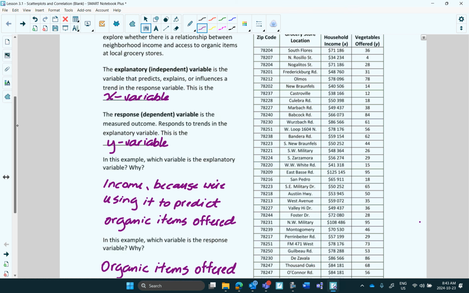They offer 36 organic items. And yet the next one is a lower income area, only 34,000, and they offer a lower number of organic items. So perhaps we can see a trend already. But obviously, it's really hard to see a trend by looking at a whole list of numbers. So we want to show this visually, and that's where the scatter plot comes in.